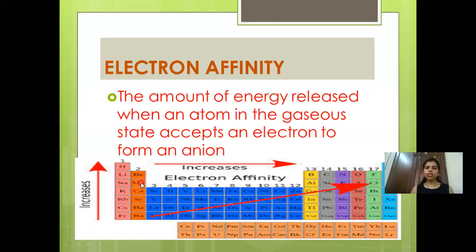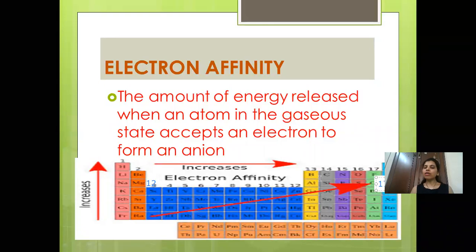Magnesium has atomic number 12, so it will have 12 protons. Similarly, chlorine has atomic number 17, so it's going to have 17 protons. So the number of protons is more for chlorine compared to magnesium.